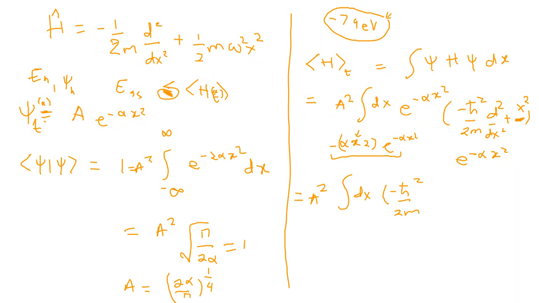The derivative acting there gives you minus 2 alpha, and then it hits the exponential again, so you get minus 2 alpha x times minus 2 alpha x. And again you get the half m omega squared x squared e to the minus 2 alpha x squared, right? And all these integrals you can do, with 2 alpha over pi to the 1 over 4.